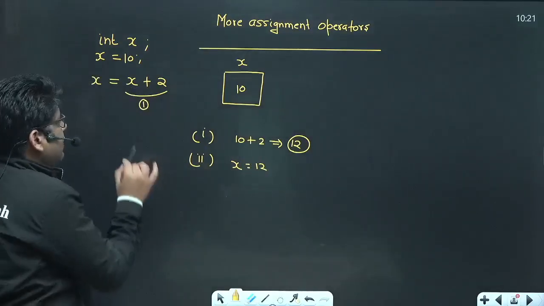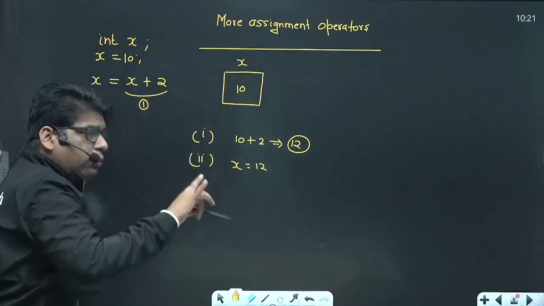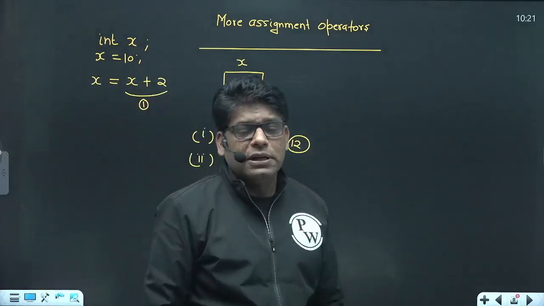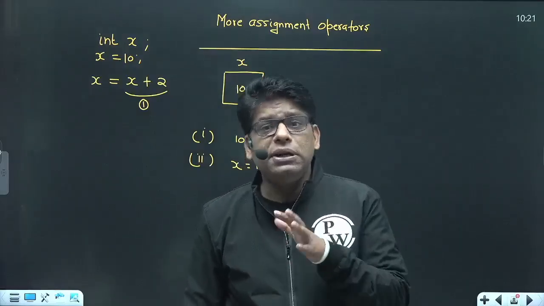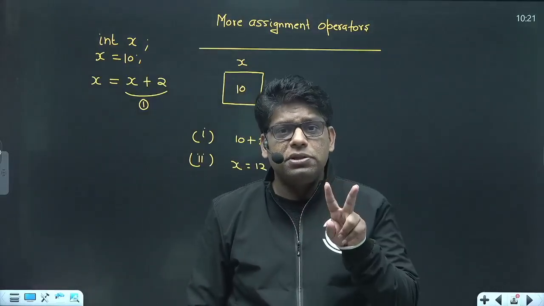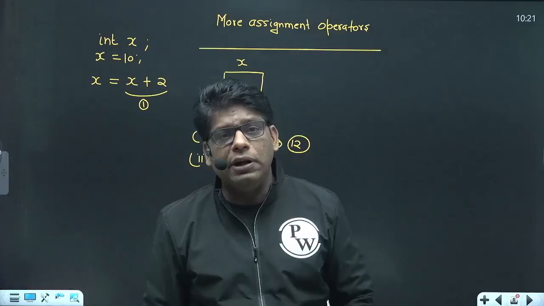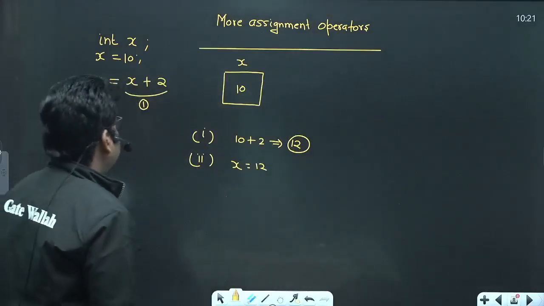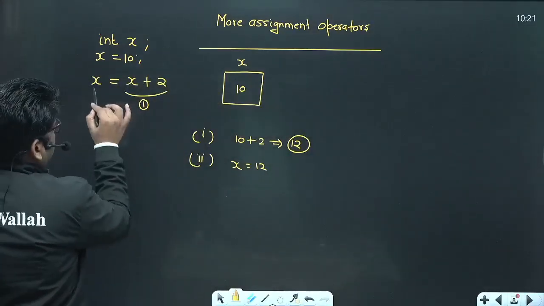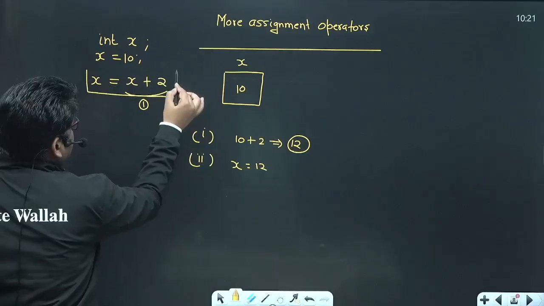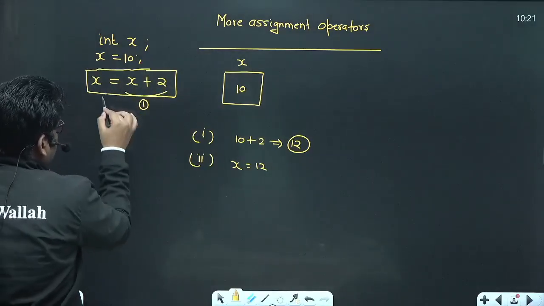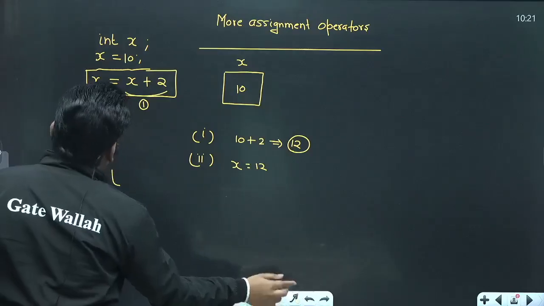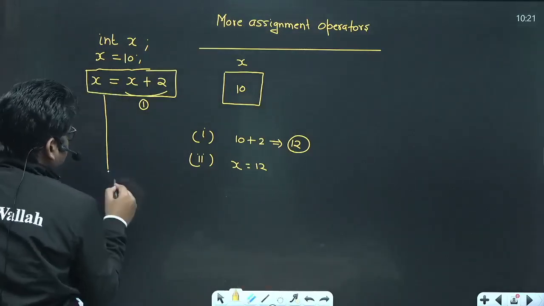If I ask you, are both operations performed on x or not? Sir, for addition x is needed, for assignment x is needed. So both operations need x as a variable. Instead of writing it like this, in C programming there is another way to write it, called shorthand.